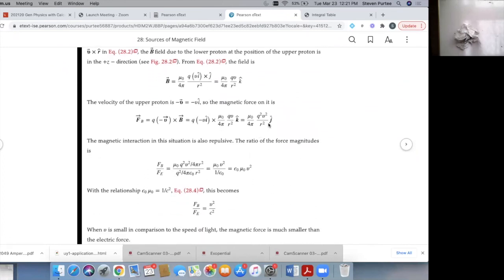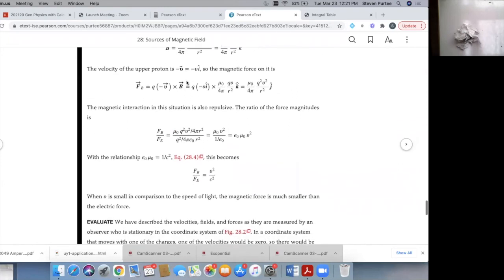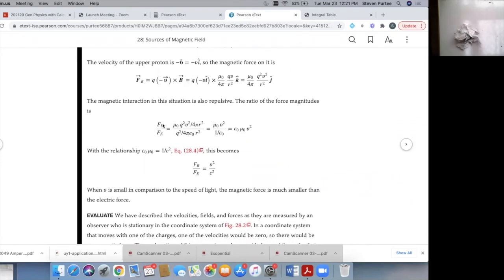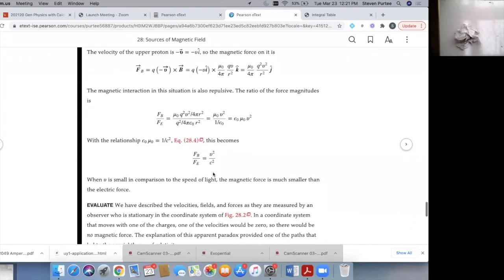Here's our magnitude of B. If we take the ratio of FB versus Fe, we get this. But we just said 1 over the square root of epsilon naught mu naught is c. So the ratio of FB to Fe turns out to be v squared over c squared, which is kind of interesting.